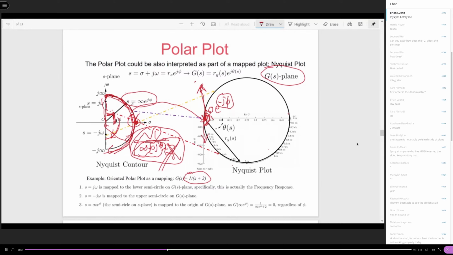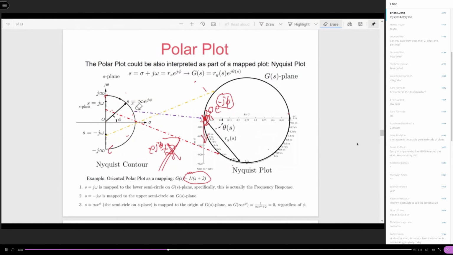Let me repeat that one more time, to help you understand this mapping process.